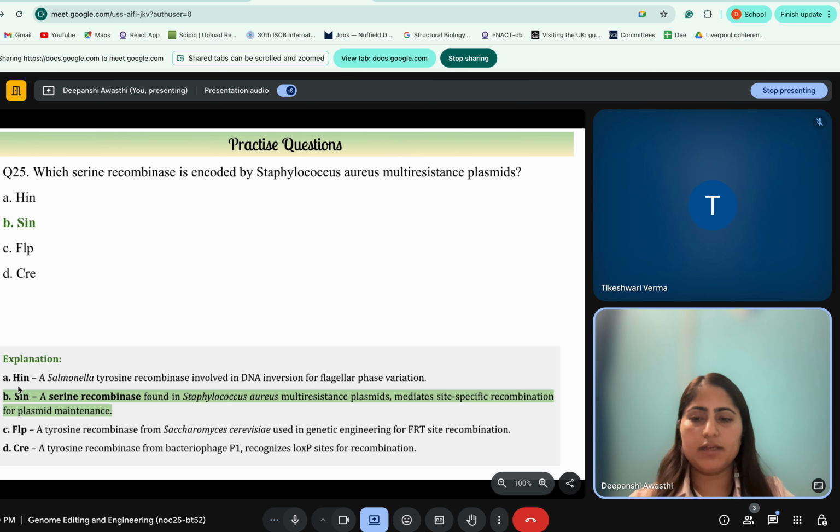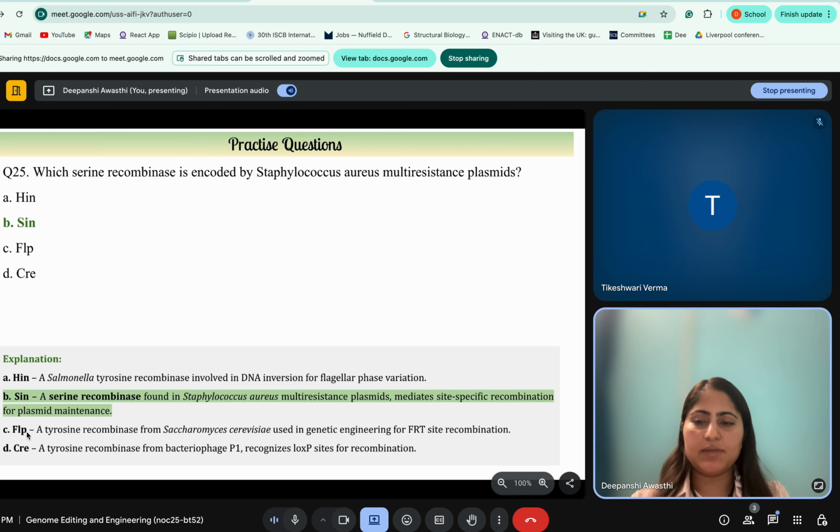If we talk about Hin, it is obtained from Salmonella, and this is an example of a tyrosine recombinase which is involved in DNA inversion for flagellar phase variations. Whereas Sin resolvase is an example of serine recombinase which is found in Staphylococcus aureus multi-resistance plasmids, and it mediates site-specific recombination.